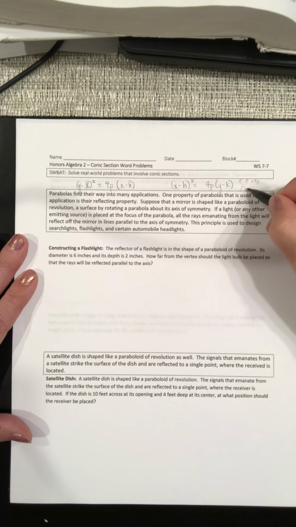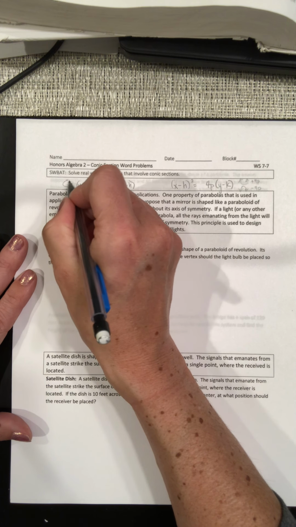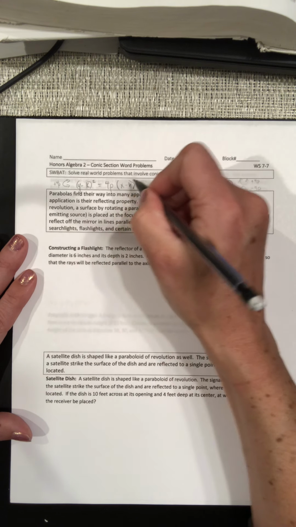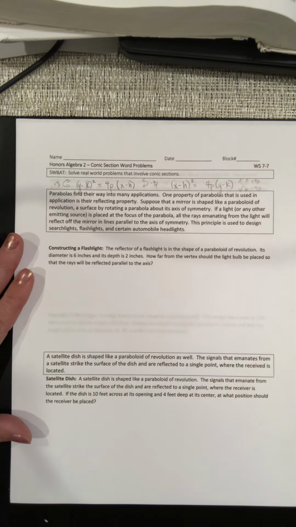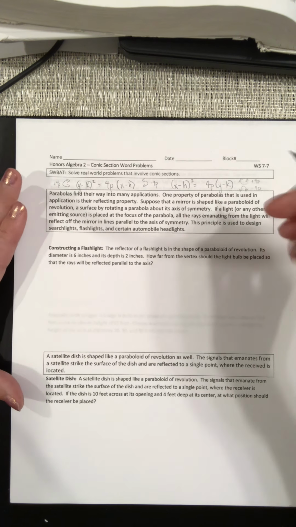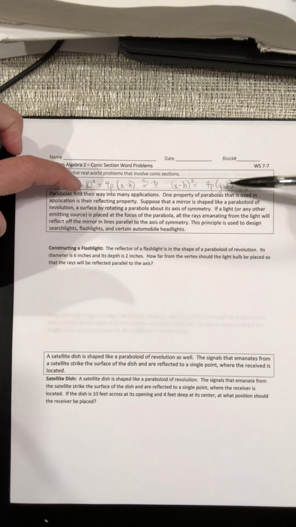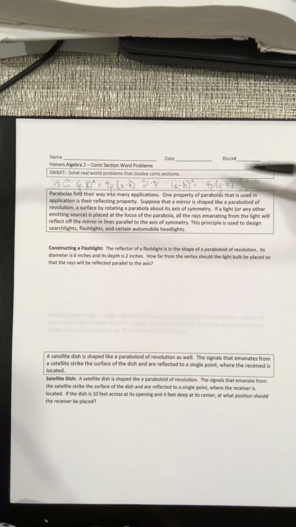This is if it's facing down, with a negative 4p. And this one is opening right with a positive 4p, and left with a negative 4p. So we're going to be using those two forms. If it's at the center, which is going to happen a lot today, then h and k will just be 0, 0, so the vertex will be at the origin.